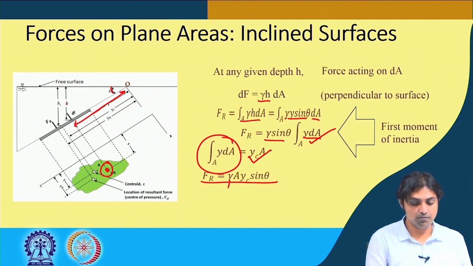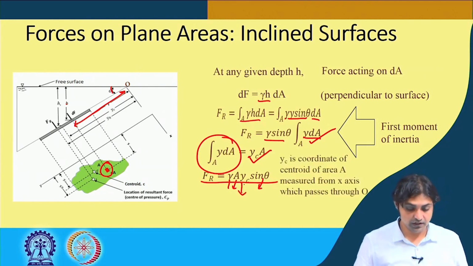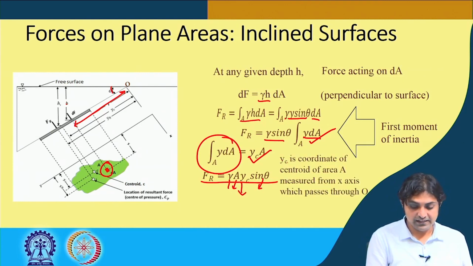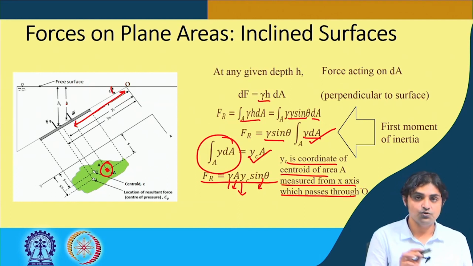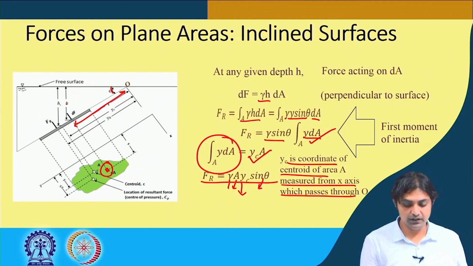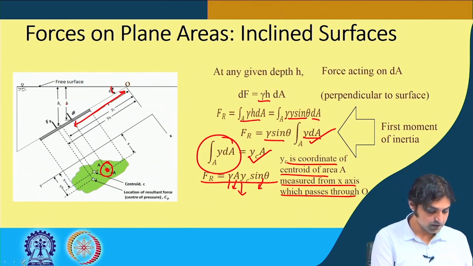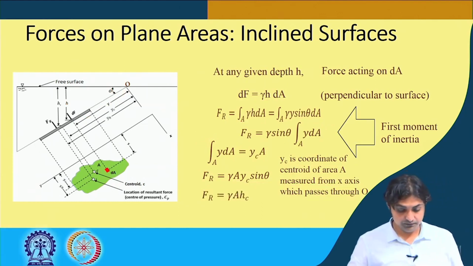Now you know gamma, you know A, you know sin theta, and for a particular object you also know yc, the centroid location, where yc is the coordinate of the centroid of the area A measured from the x axis which passes through O. So you have to be very careful about orientation. I will just erase all the ink now.